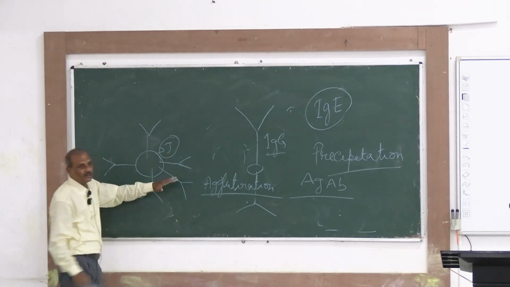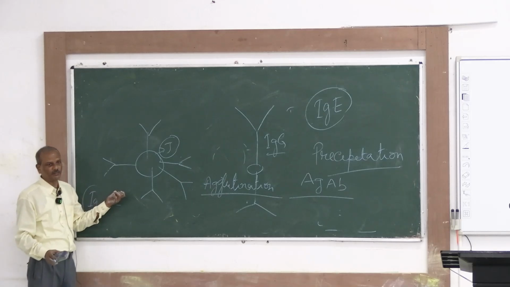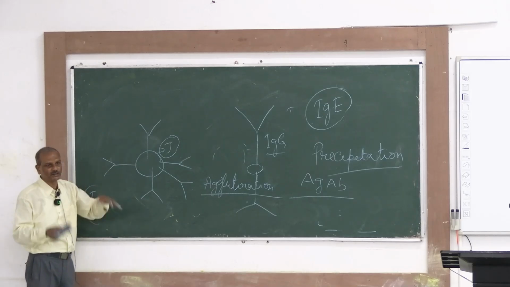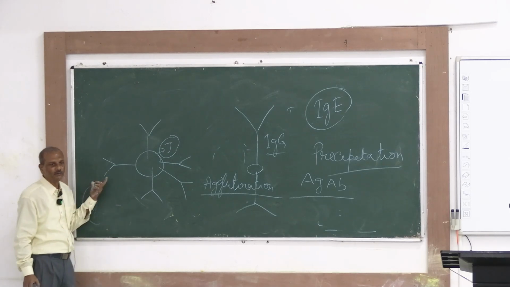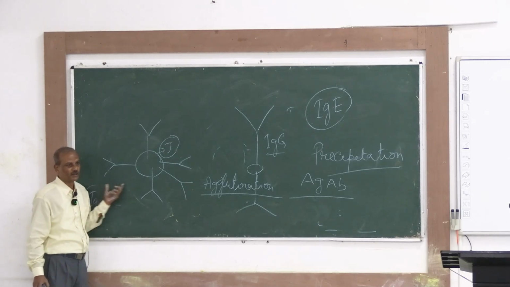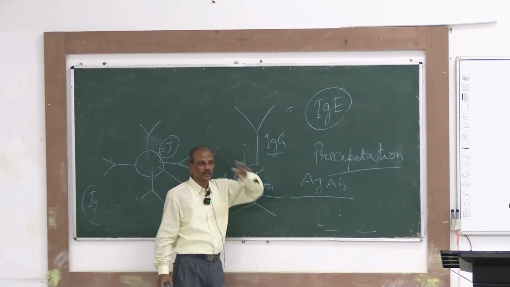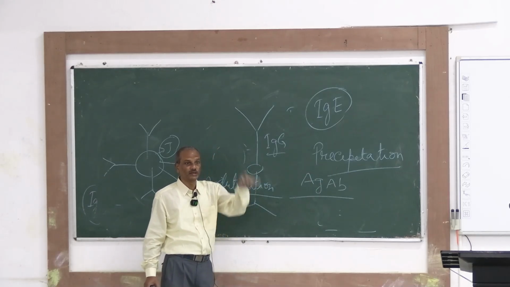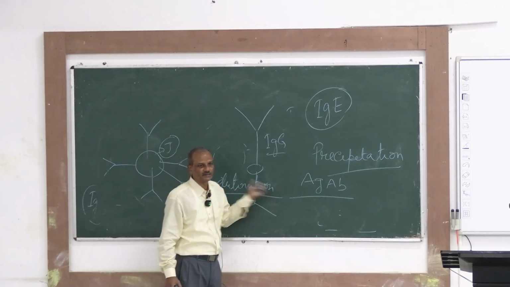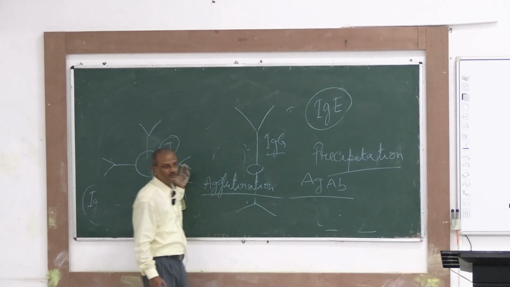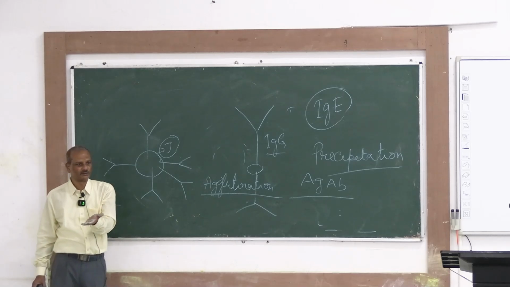Now you understand, if we coat some particulate matter with this IgM type of antibody and we do an immune reaction in vitro, in the test tube or on the slide, we will see a visible clumping, but that visible clumping will not be present in the precipitate. We can allow the reaction to occur, then we need to centrifuge it to see the deposit, whether the precipitation has taken place or not. But here you will see a visible clumping right on your slide itself.